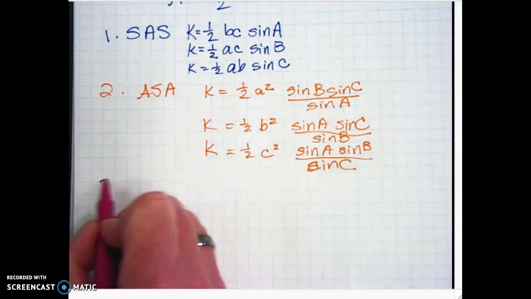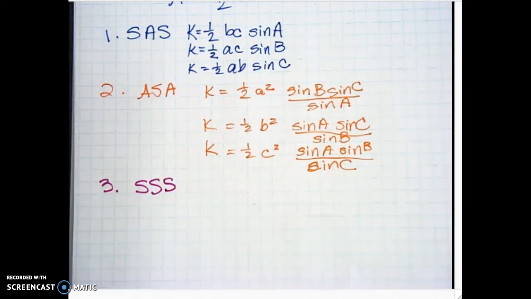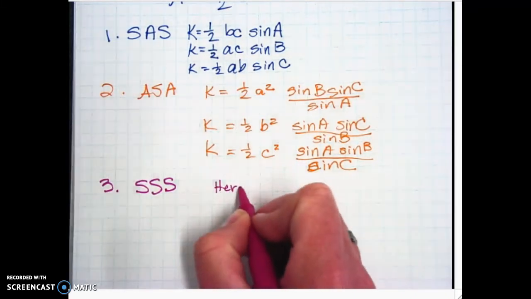The third one is if you are given three side lengths. This one uses something called Hero's formula.